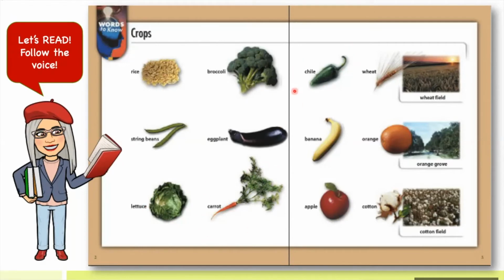Now look at more crops on page 3. Chili, wheat, wheat field, banana, orange, orange grove, apple, cotton, cotton field.